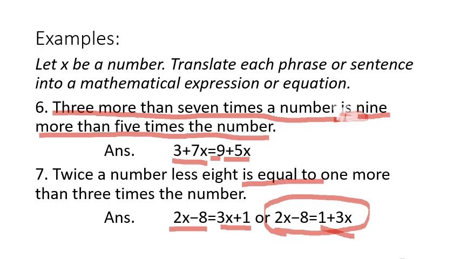So, twice a number less 8 is equal to 1 more than 3 times the number. Okay? Okay, that's good. So if you don't have any more questions, then we are now going to move on to your activity. But if you do have a question, you can type it here in the chat box so that we can discuss it.